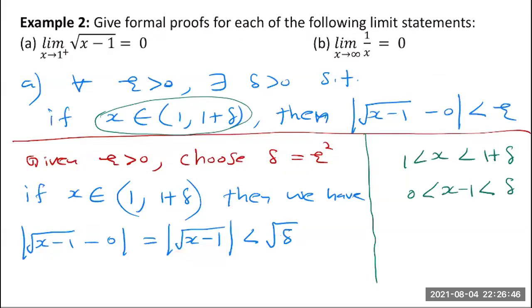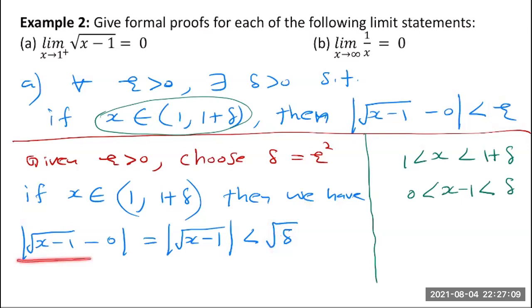So now this is where I make my choice. I want to choose my delta so that I get epsilon here, because at the end of the day, I wanted this absolute value to be less than epsilon. This is where I make my choice. I choose my delta wisely so that when I simplify this whole thing, I get epsilon.